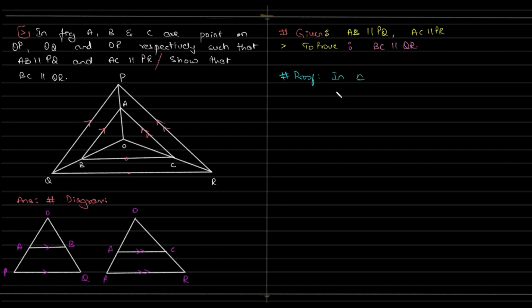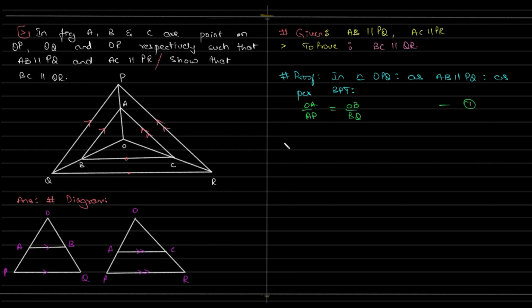So in triangle OPR, let's write things which are obvious. As AB is parallel to PQ, as per BPT we have OA by AP equal to OB by BQ, and that's my equation 1.